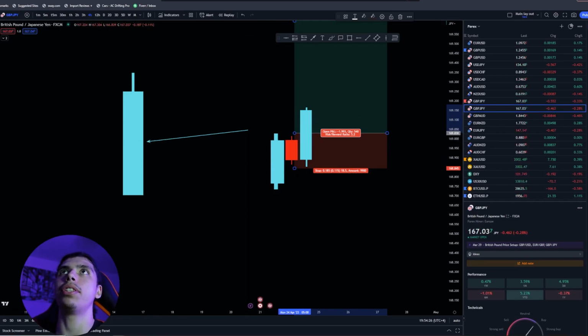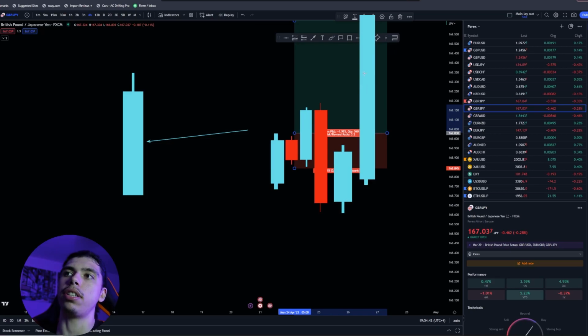And maybe what happens, and we see this a lot, you're on the 15-minute, you take a trade on the 15-minute, and then you get a candle that does something like this and makes the bottom wick for the 1 hour. And then once the bottom wick is made, maybe later on in the session you create a support and price continues up bullish. This happens a lot, and you see the 1 hour form a bottom wick.